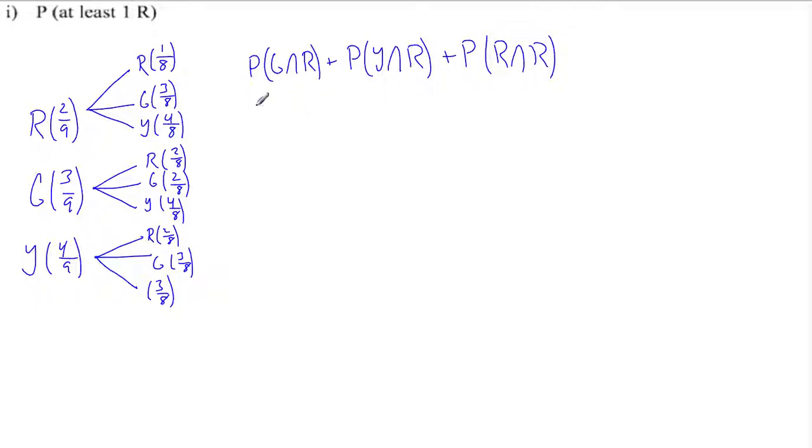Now the probability of green and red, don't forget, that's the same thing as red-green and green-red. So red-green is 2/9 times 3/8, and I'm going to add that to green-red, which is 3/9, because it's the first one, times 2/8.